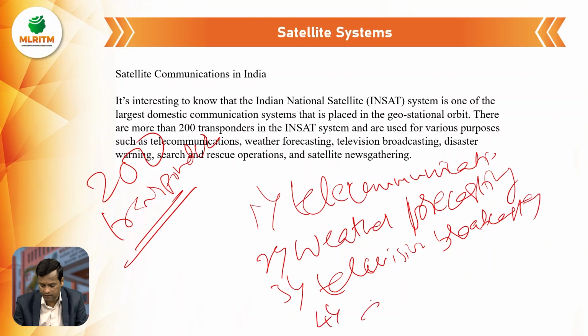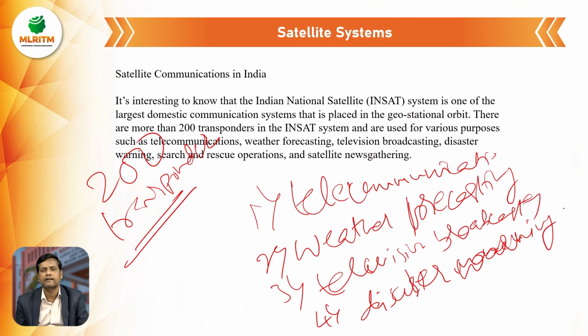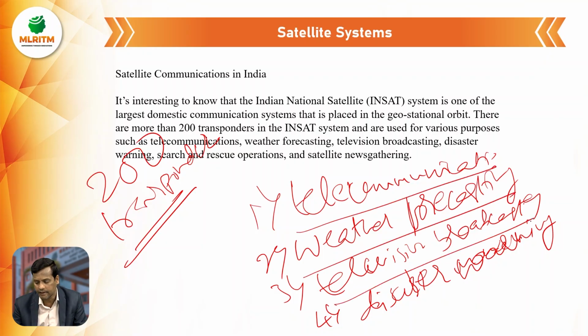And the fourth one is disaster management, or else disaster warning. We can know through the satellite how the disaster warning works, and telecommunication, weather forecasting and television broadcasting using the satellite systems.